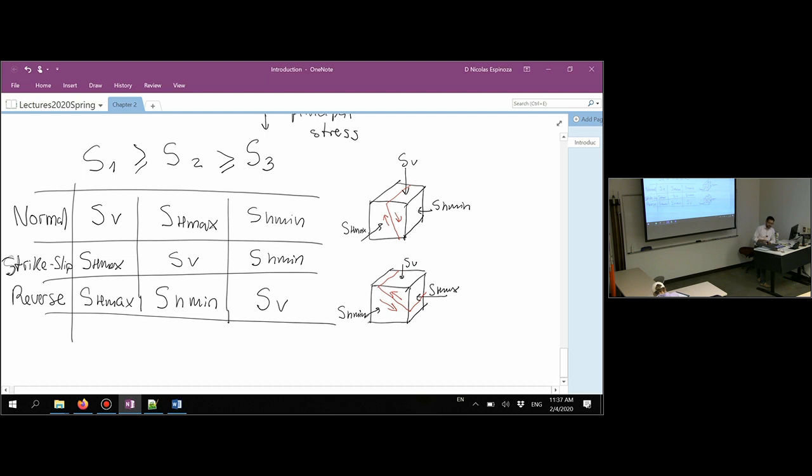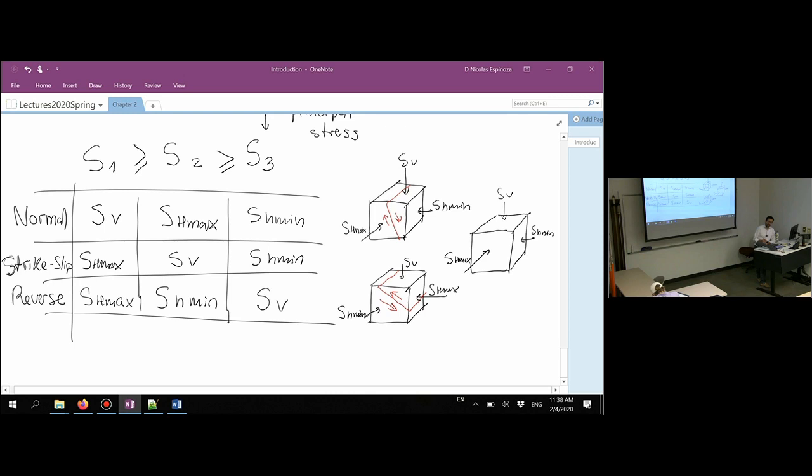And when we have this condition, you would expect a fault to happen similarly to what we saw before for the San Andreas fault. The intermediate is going to be vertical, the maximum is going to be horizontal, and the minimum is going to be horizontal.